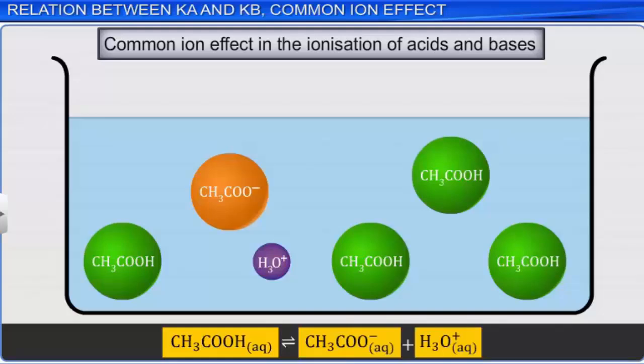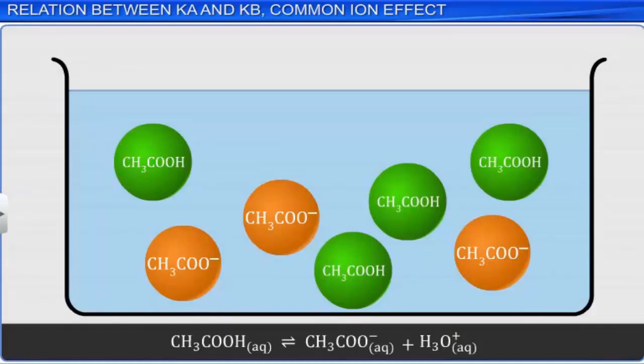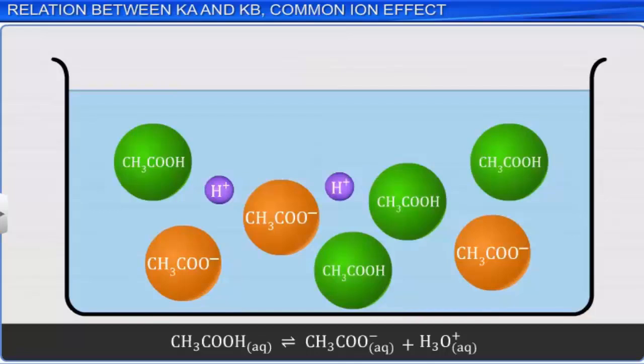Suppose you add a strong electrolyte such as HCl, which furnishes H+ ions to this equilibrium. What do you expect? Following Le Chatelier's principle, this equilibrium will be shifted to the left, suppressing the ionization of acetic acid.